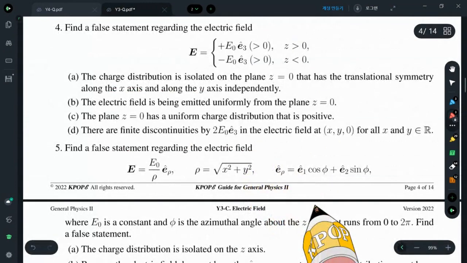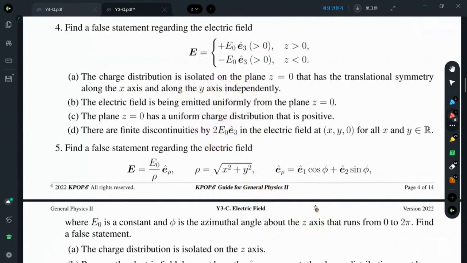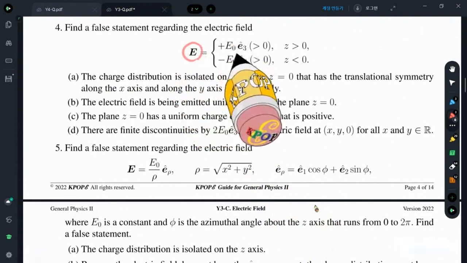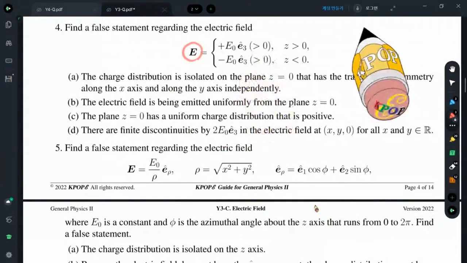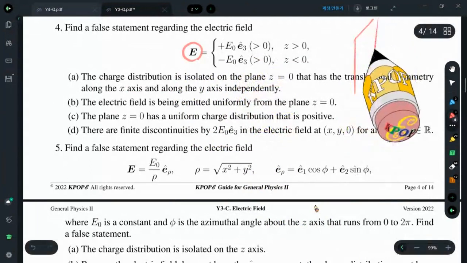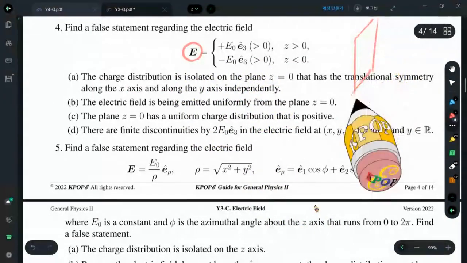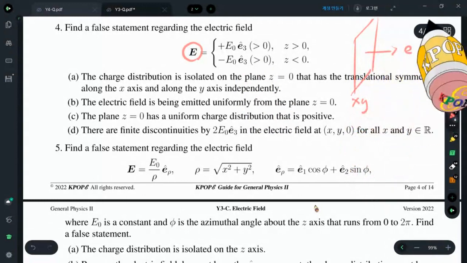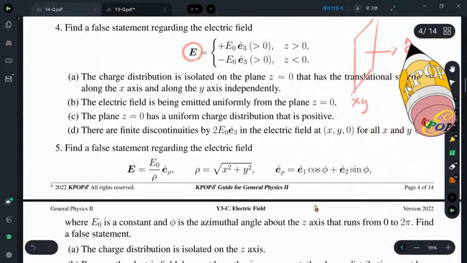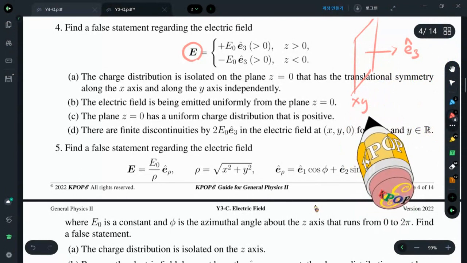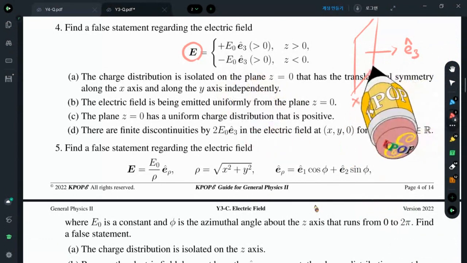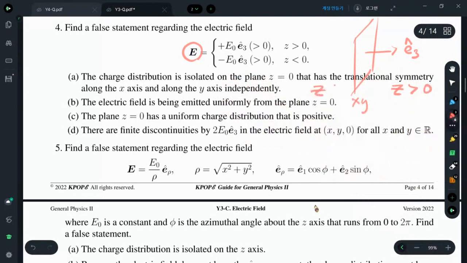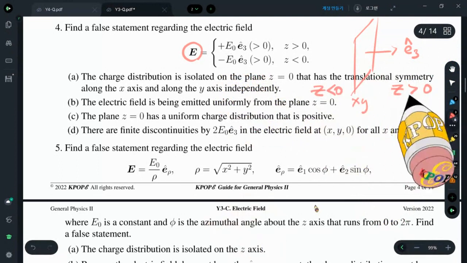Number 4, we have an electric field. This is the magnitude, and we have a plane, the XY plane. We choose the positive z-axis in this way, and here z is positive and z is negative.